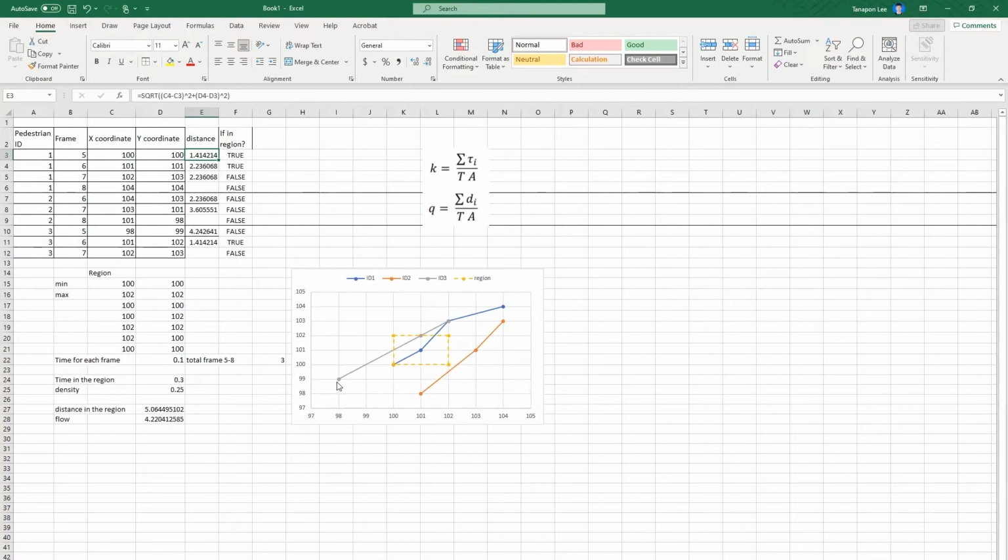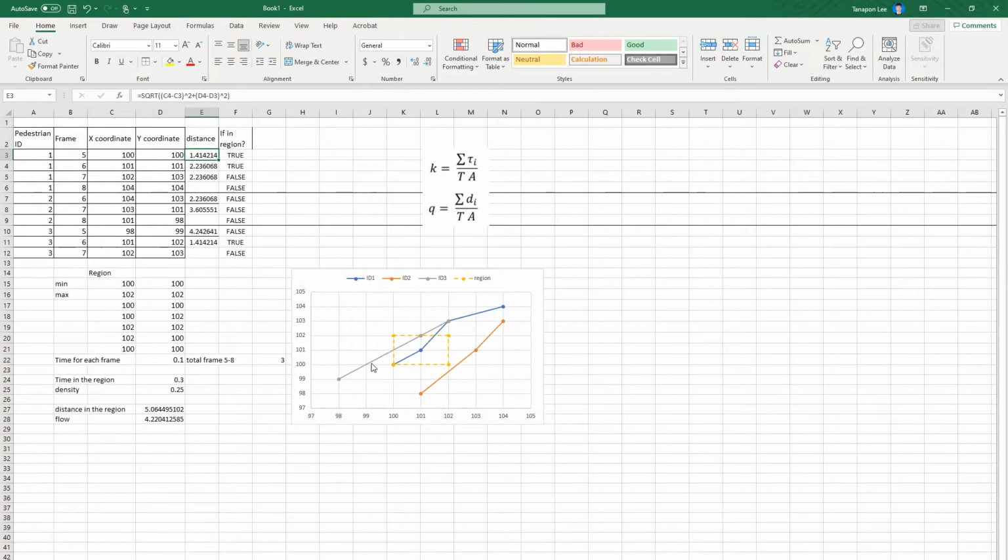Oh, sorry. This pedestrian ID 3 actually starts from here. So in this first time step, he is outside. And in the second one, frame 5 to 6, he starts from outside, and then at the end of frame 6, he's inside. So the time that he spent inside is actually between 5 and 6, but we don't detect that. We detect when he's inside at frame 6, and in frame 6 he traveled 1.4 meters.